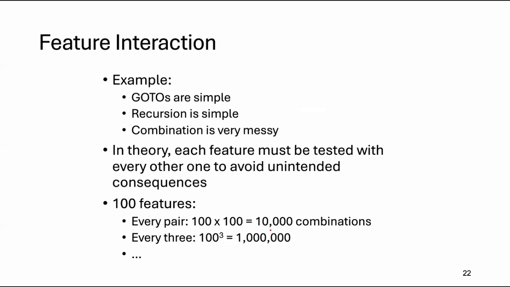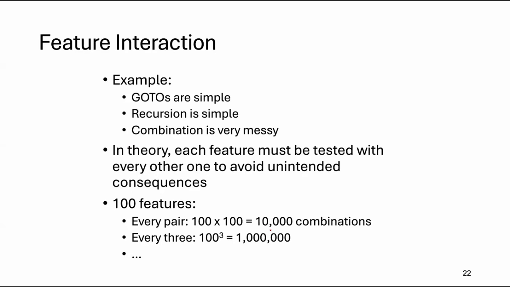In theory, each feature must be tested with every other one to avoid unintended consequences, like what we have seen so far. So we have to look at all the features that the language provides and test them together to see the consequences of their interactions. If we have 100 features, then every pair gives 10,000 combinations. What about every three? Then we're going to have 1 million combinations, and so on.